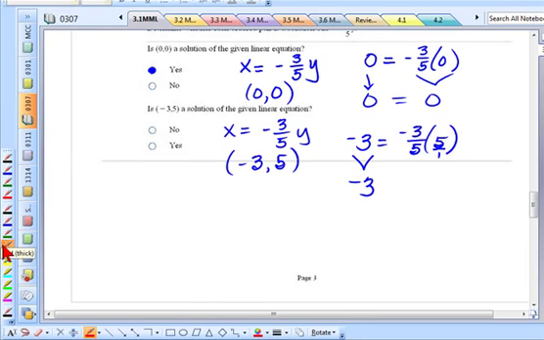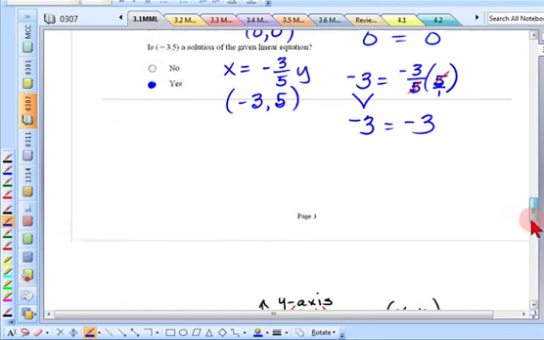Can I do some reducing? Do you agree that those 5s divide out? And what are you left with on the right-hand side? Negative 3. So the answer to the question is yes. Are you pretty satisfied with checking an ordered pair to see if it is a solution?